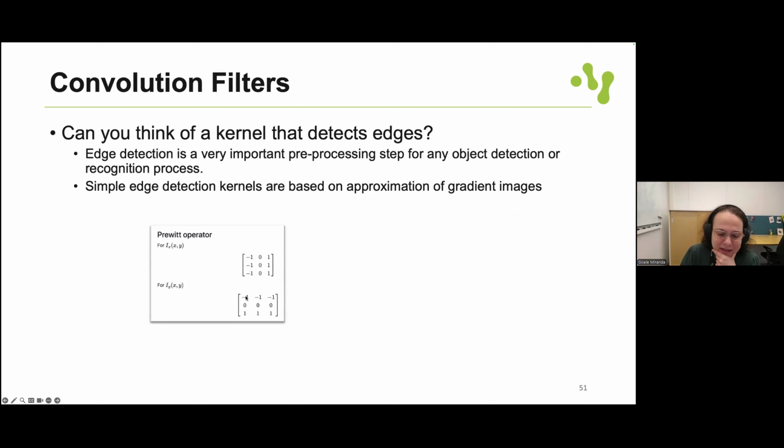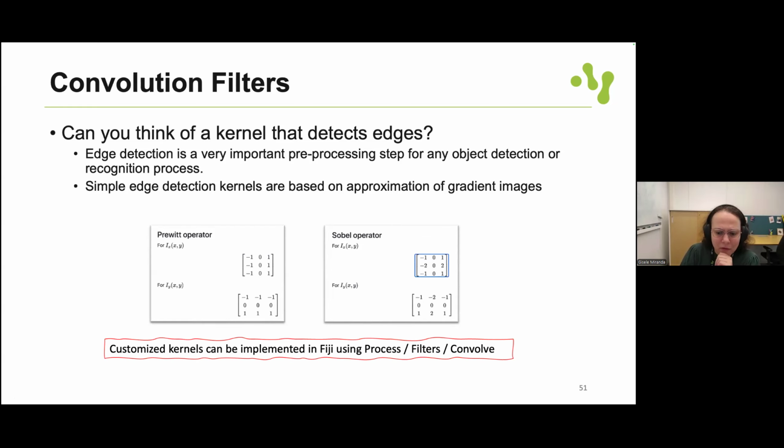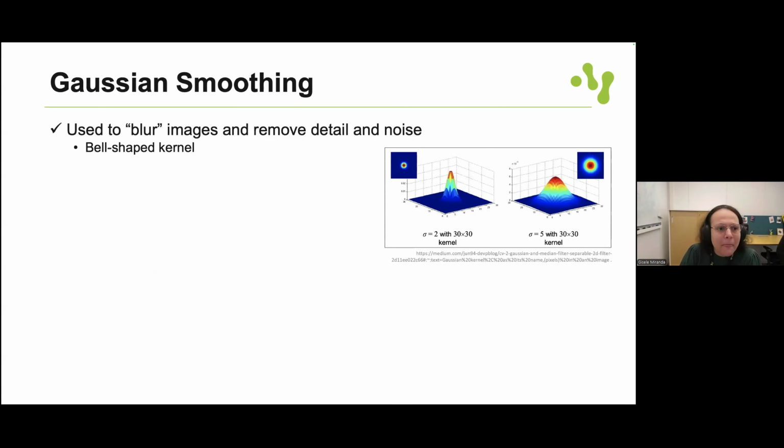We are subtracting the top row from the bottom row, and this can help identify the edges. Other famous operators are edge detectors as well. It's also possible to customize these kernels in Fiji.